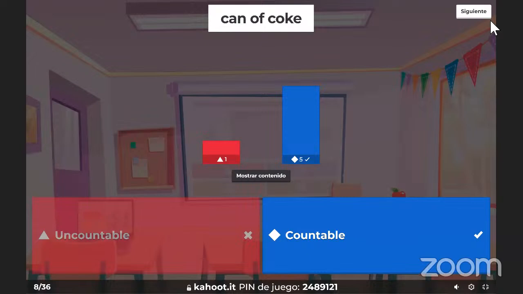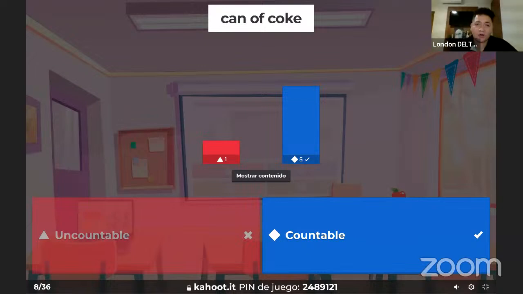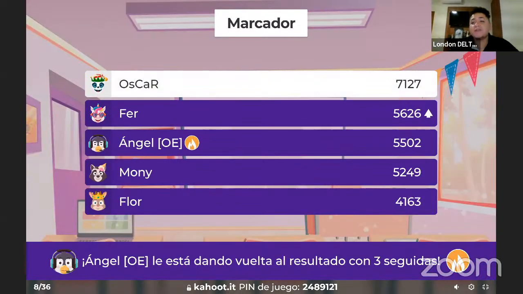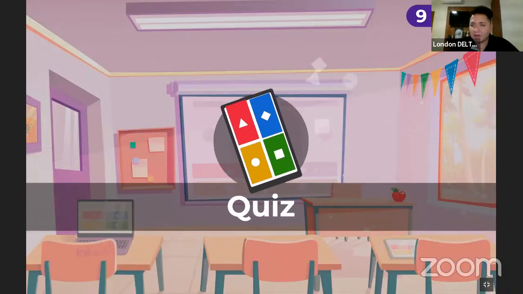No, it's uncountable. Exactly. La Coca-Cola es incontable, el líquido. Yes. But here we have cans. Muy bien, entonces si solo fuera la palabra Coca-Cola sería incontable. En este caso son latas, contables. Excellent, Flor. Very well. So it changes when you have measurements. Cuando tienes unidades de medida, se puede convertir en contable.